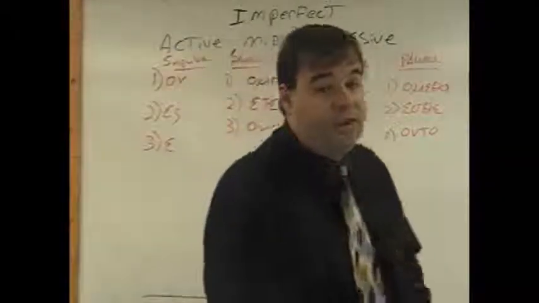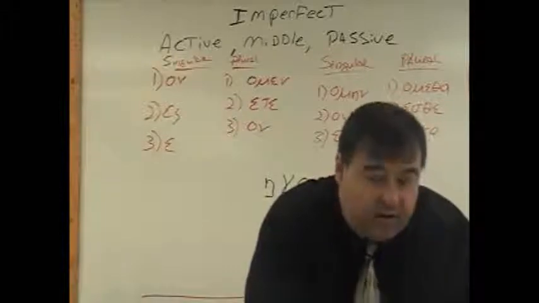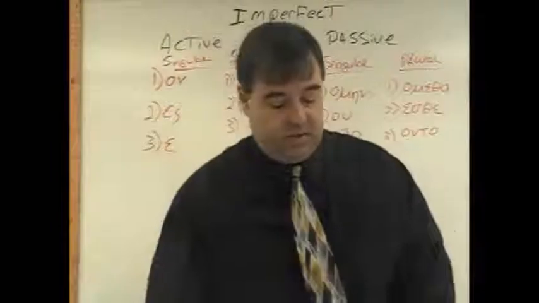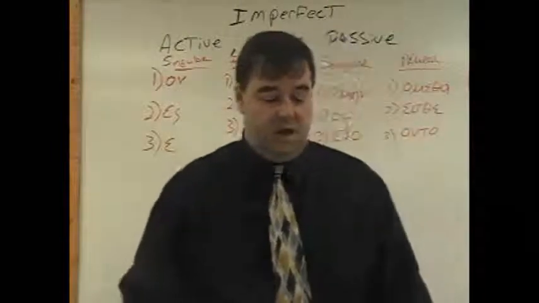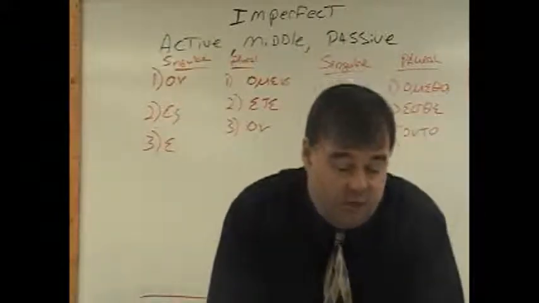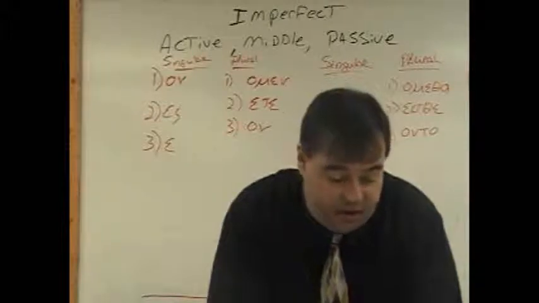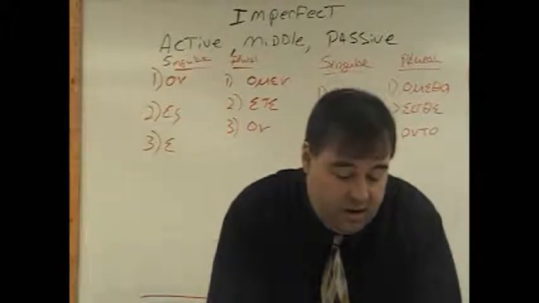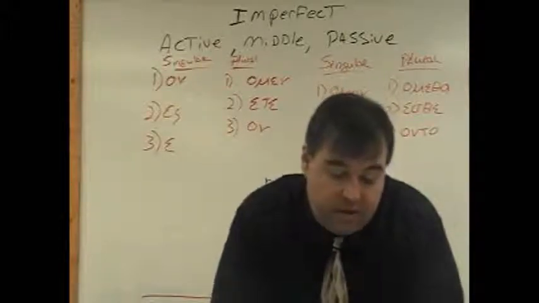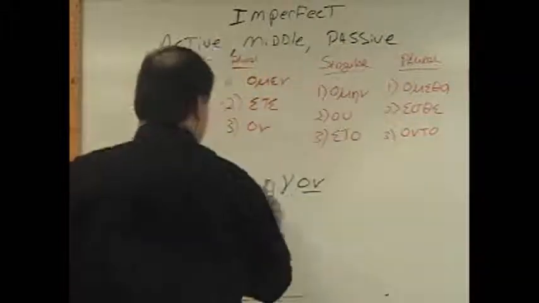Now, the easiest way for you to understand this is to go to page 25 and look at the chart there, and it tells you that an alpha becomes an eta, the epsilon becomes an eta, the omicron becomes an omega, the iota becomes an iota with a circumflex over top of it, the upsilon becomes an upsilon with a circumflex over it, the alpha with the iota subscript becomes an eta with an iota subscript, and so on.